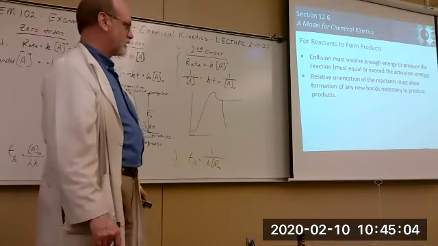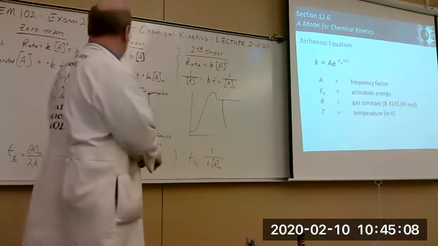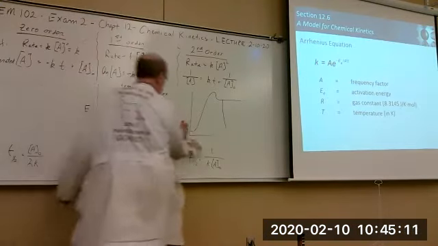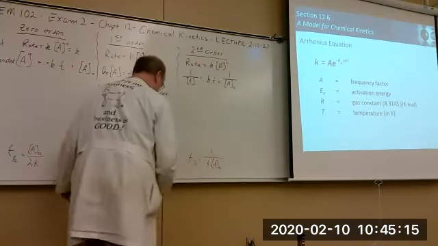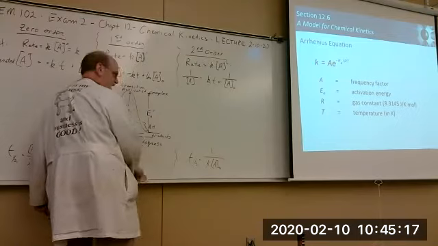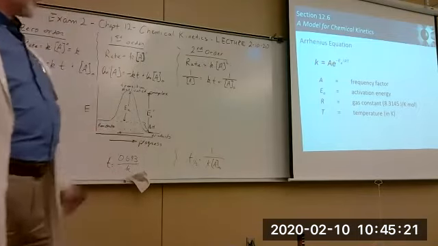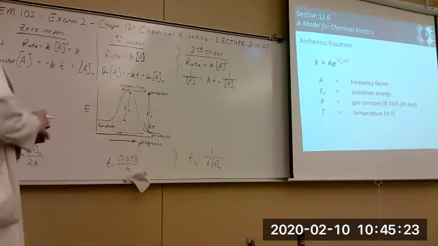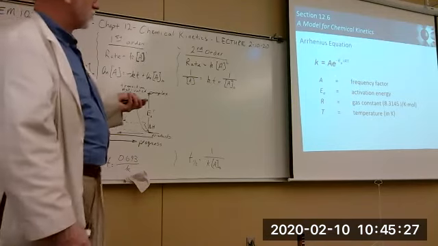They've got to be oriented correctly in order to do that. Now here's the Arrhenius equation. His name was Svante, S-V-A-N-T-E, Svante Arrhenius, who studied reaction kinetics and proposed this equation.